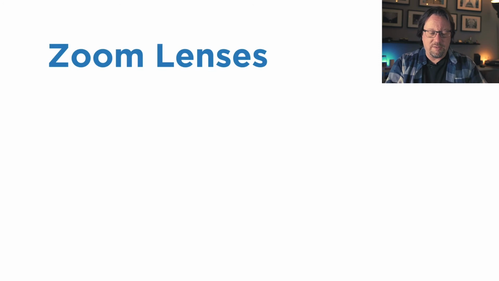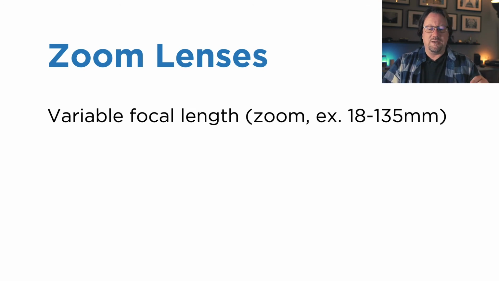Let's talk about zoom lenses then. That's the other category of lenses. And zoom lenses are variable focal length. So that means you can change your field of view from wide to another without moving your feet.